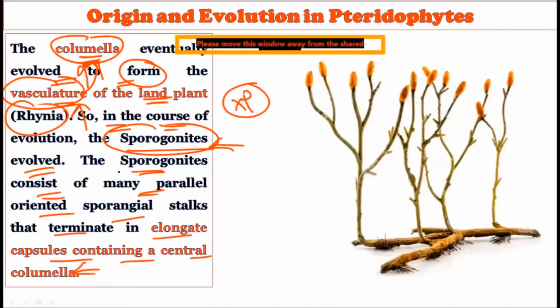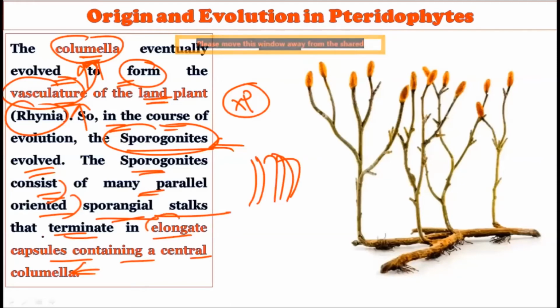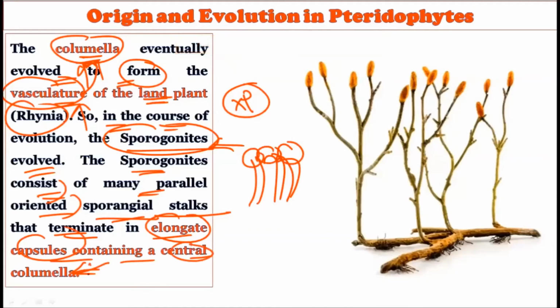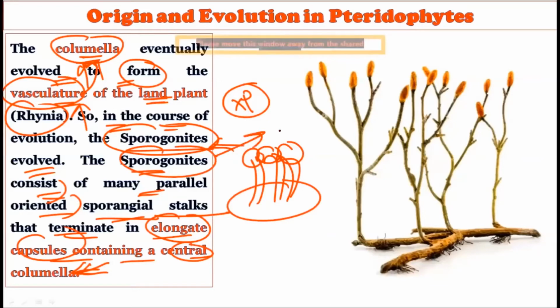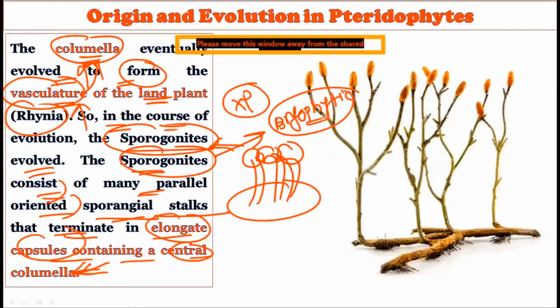So these sporogonites were responsible for later giving rise to the early vascular plants. That is, the sporogonite strongly shows bryophytic characters, and these bryophytic characters later got converted into pteridophytic characteristics. So these are sporogonites.